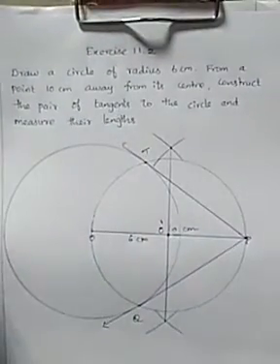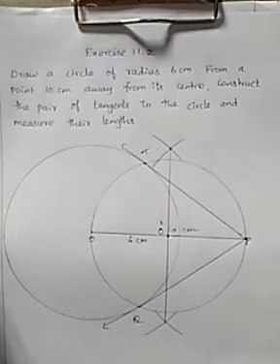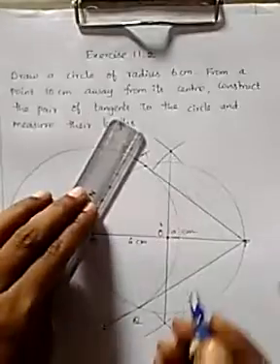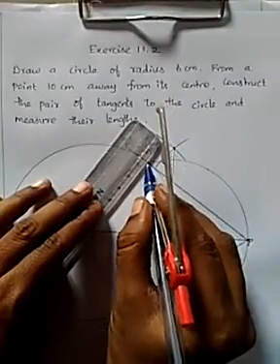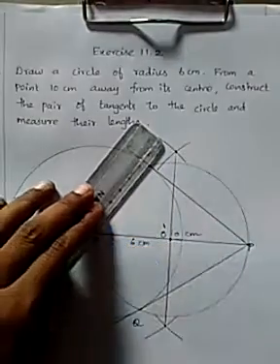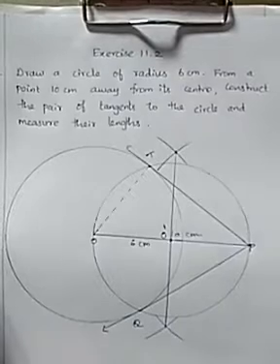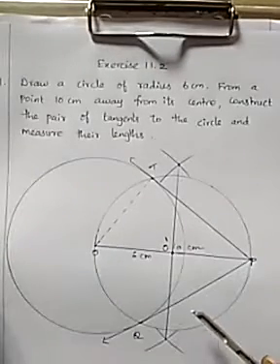Now just join O and T. This is for justification. So now we have solved the tangents of the circle.